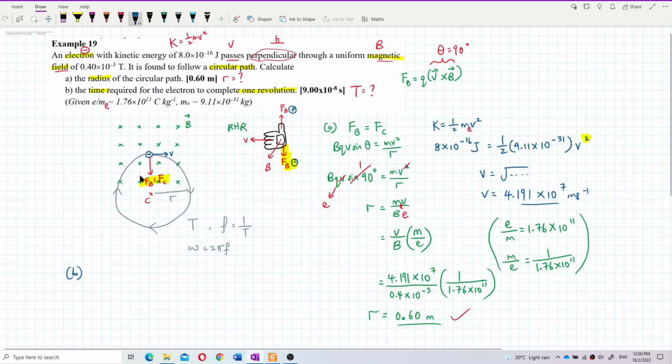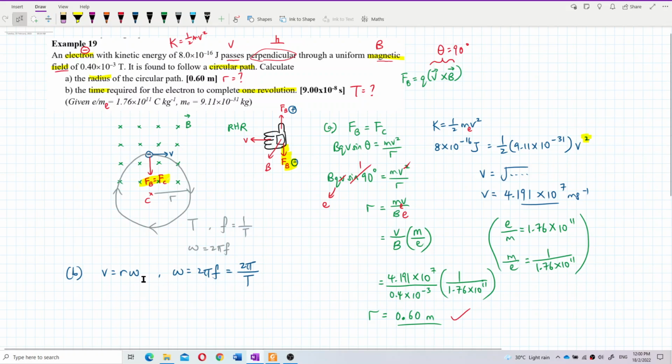Do you still remember your circular motion formula? V equals R omega, and omega is 2 pi f, or 2 pi over period. I can find the period here.